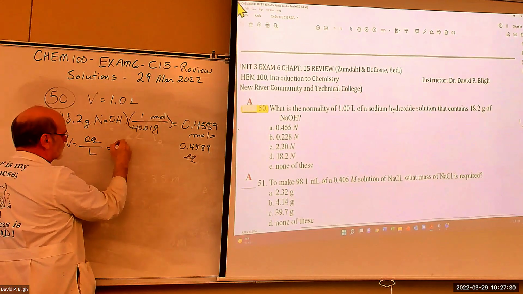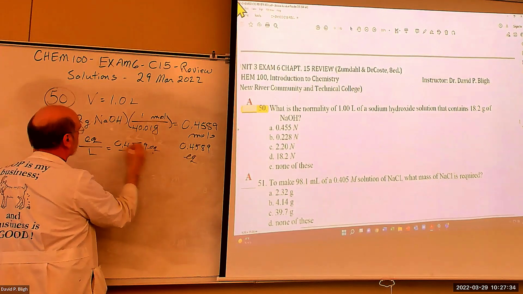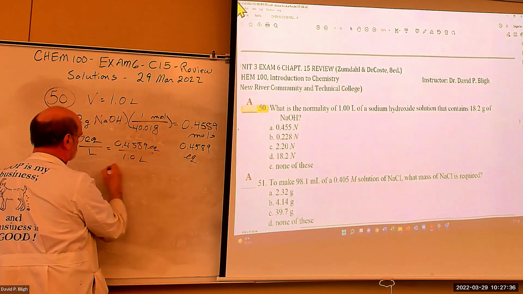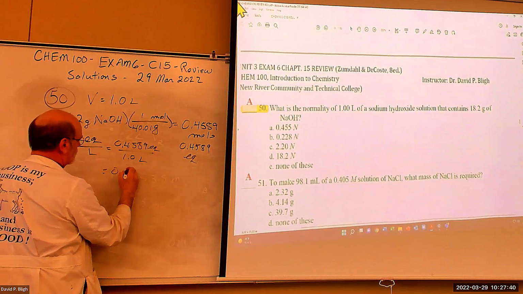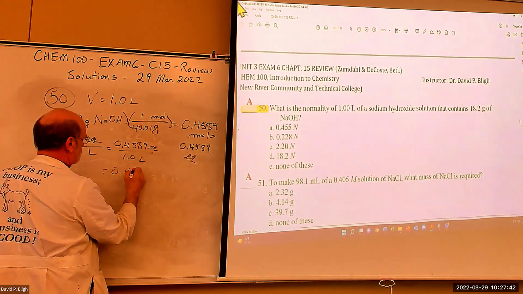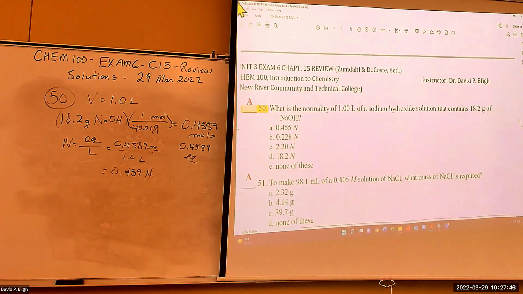So then we can say 0.4589 equivalents per 1 liter, and obviously three significant figures. 0.459 normal. Did it again. Yeah. None of these. Okay. So there you go.